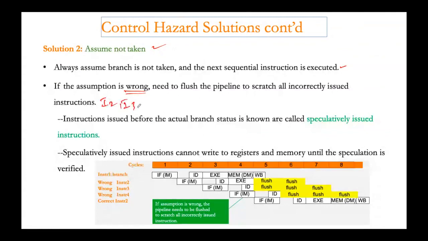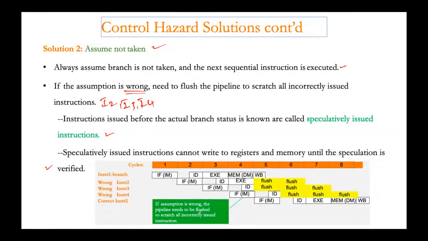The instructions issued before the actual branch status is known are called speculatively issued instructions. Speculatively issued instructions cannot write to the registers and memory until the speculation is verified. So as we saw in our example, all these instructions will be flushed.